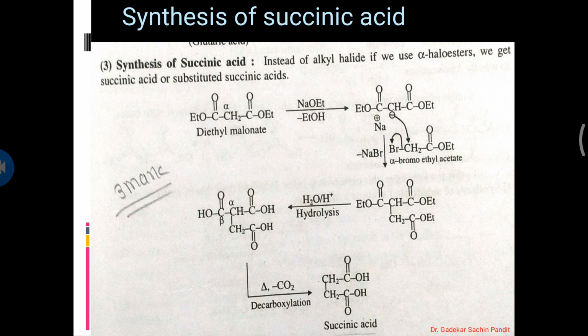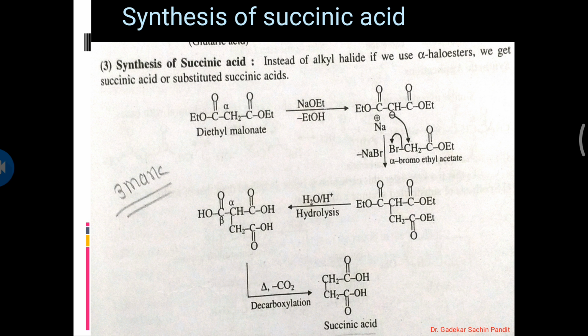So next, the synthesis of succinic acid. How will you synthesize succinic acid using diethyl malonate? Okay, so instead of an alkyl halide, if we use an alpha haloester, we get succinic acid or a substituted succinic acid.